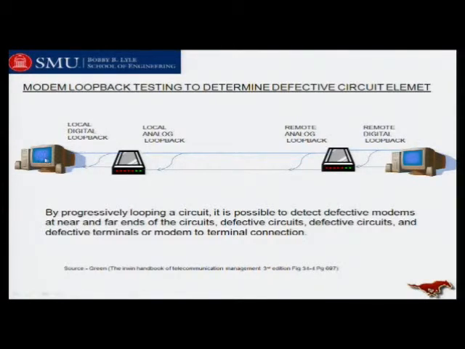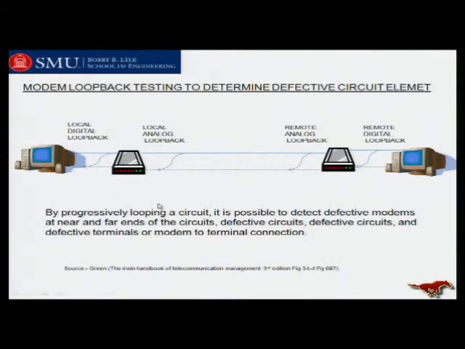This is because the data while transmitting from the computer to the modem is in digital form. That's why it is local digital loopback. After that you will see a modem over here and it says local analog loopback. This is because the data is converted from digital to analog for transmission purposes. That's how you do modem loopback testing.